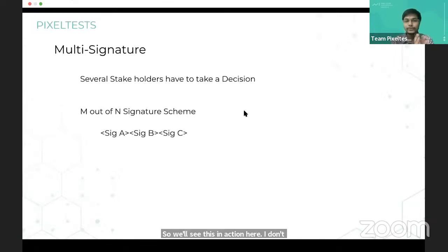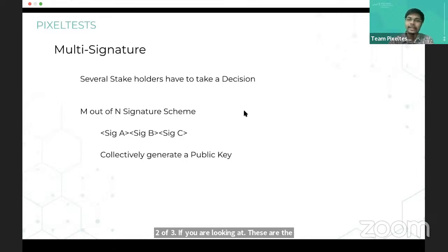So now you see earlier it was only one signature. Now you will have signature A, signature B, and signature C. In our example, 2 of 3, these are the signatures, and collectively a public key is generated.